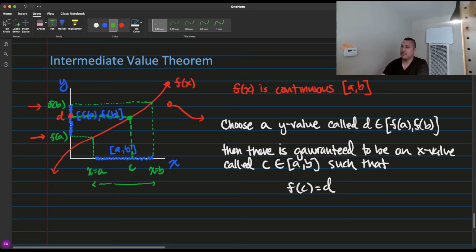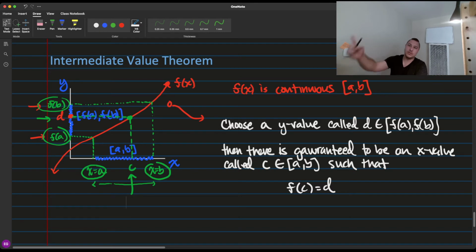In other words, you started off with these two y values. You chose a y value intermediate them, in other words, between them. And now we are guaranteed that between these two x values, there's another intermediate value, so that when you plug that x value into the function, it's equal to the original y value that you chose.